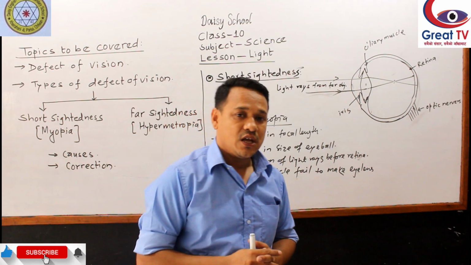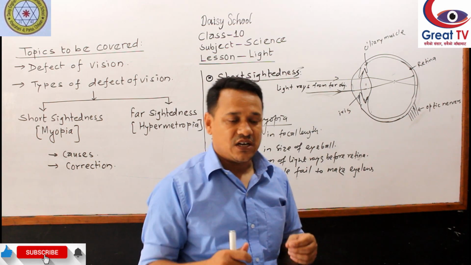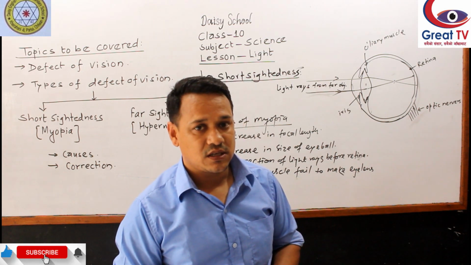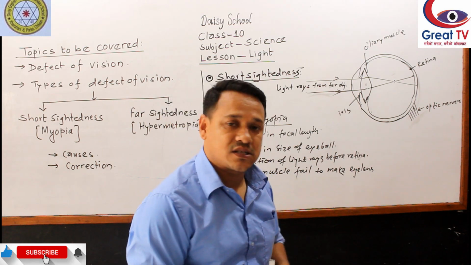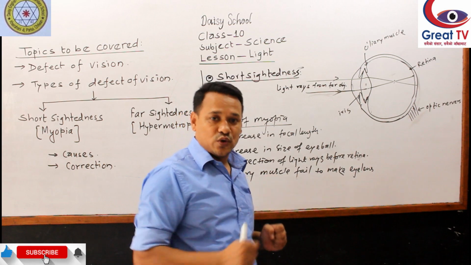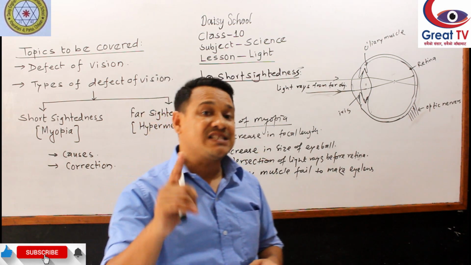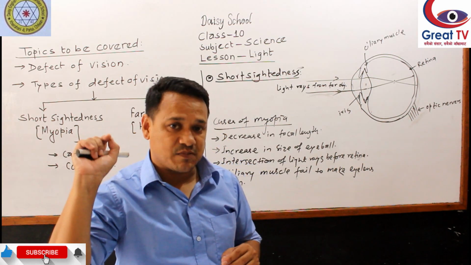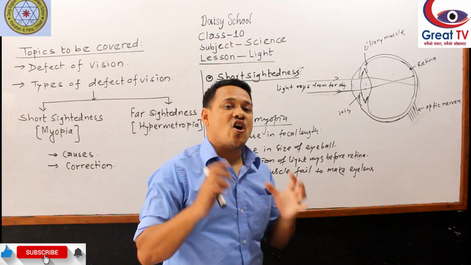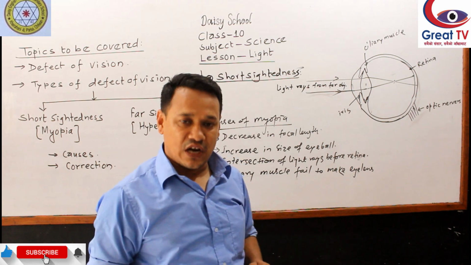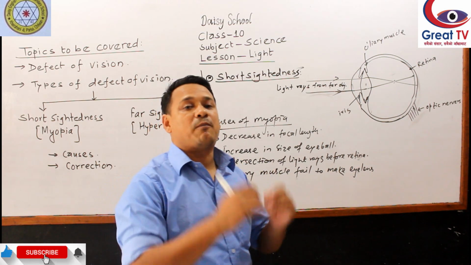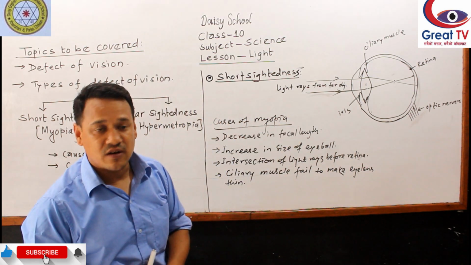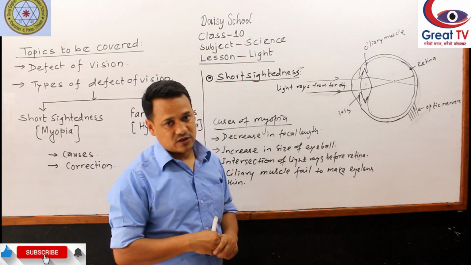Children generally use concave lenses in spectacles because they suffer from short-sightedness. Concave means minus power, negative power. So we have to use a concave lens of suitable power in the spectacles to treat short-sightedness.